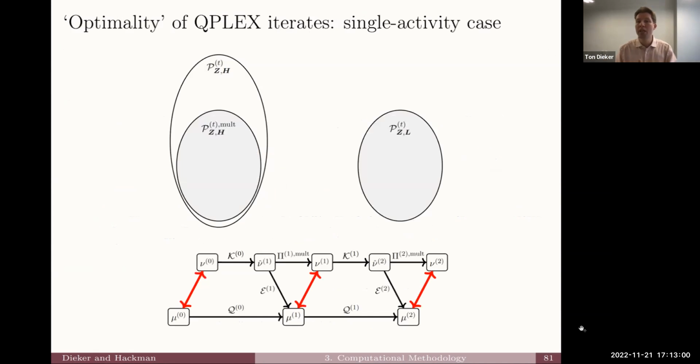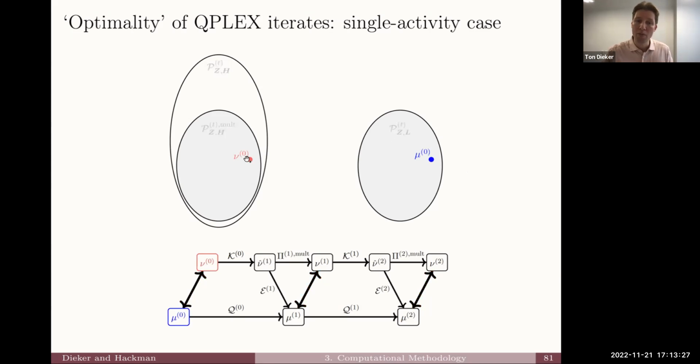So what does this mean in the context of this picture that we are developing? It turns out in the single activity case, there is a bijection between the mu's and the nu's, denoted by the red arcs here. So we can have two pictures side by side. One is for the top level, which is the one on the left, and the other one is for the bottom level.